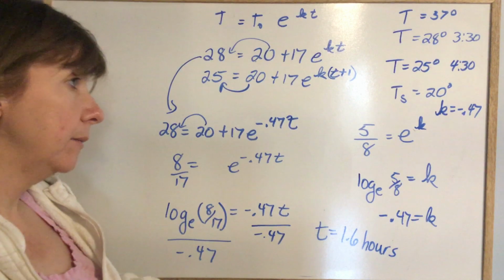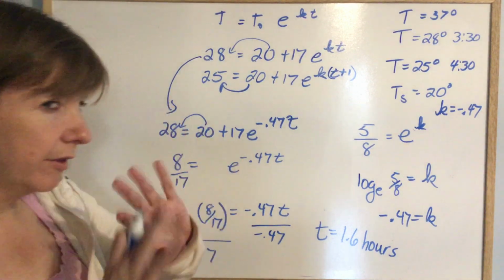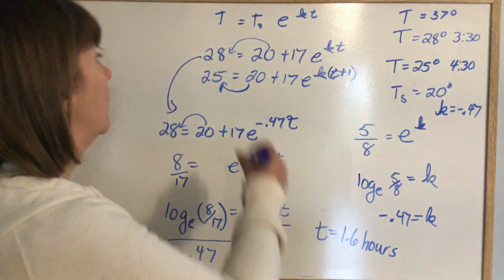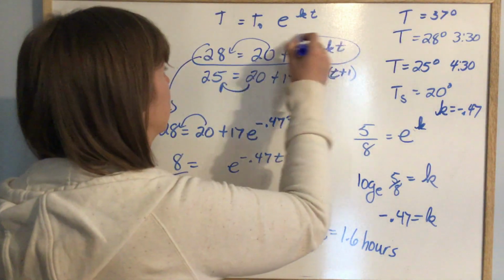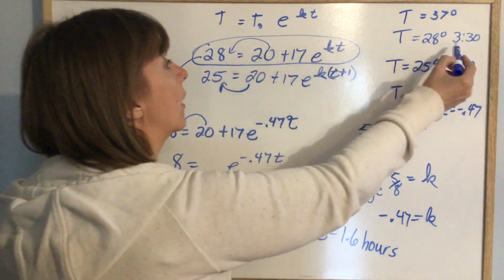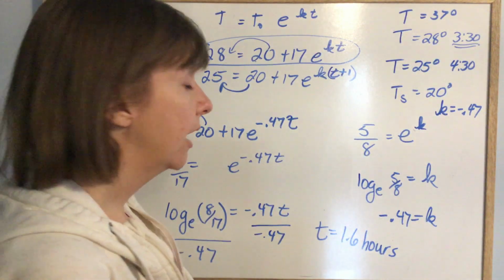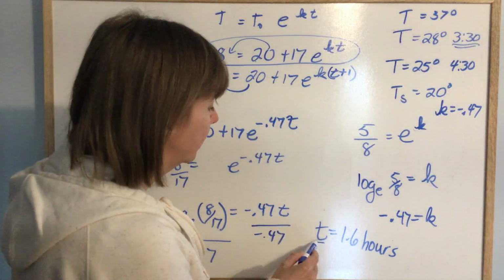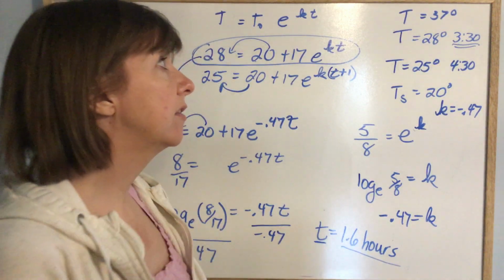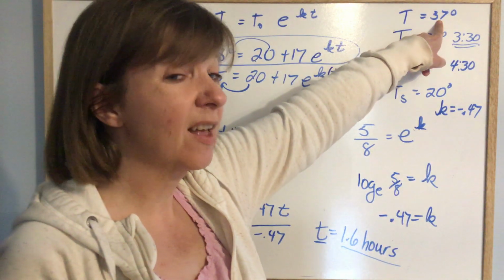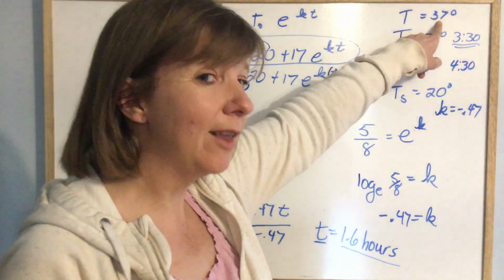So what is that telling me? What have I just figured out in all this mess of numbers? What does that actually mean? Remember, the formula I was using here was for 3:30 in the afternoon. At 3:30, the time is 1.6 hours since his temperature has been 37 degrees, the temperature of someone when they're alive.